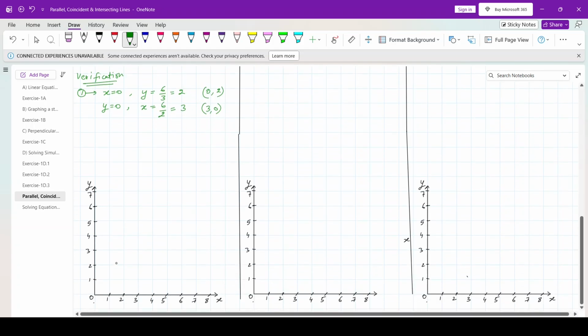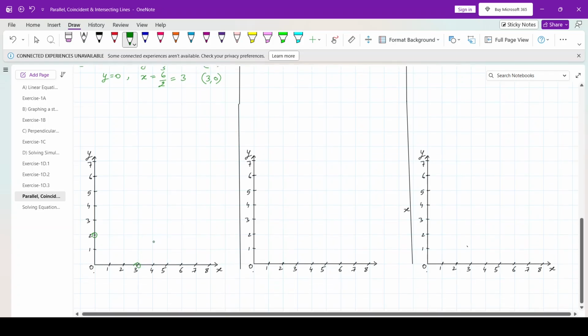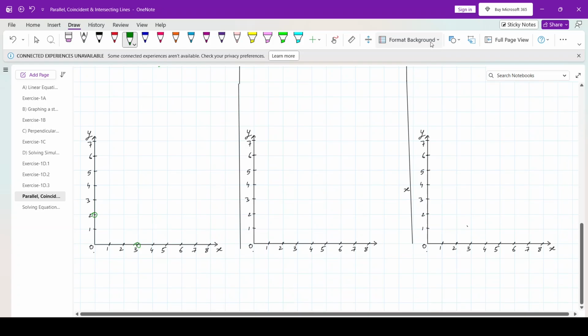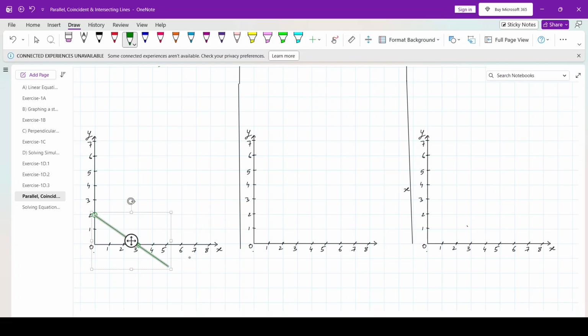So 0, 2 is here and 3, 0 is here. Now if we plot a straight line, we get this straight line.